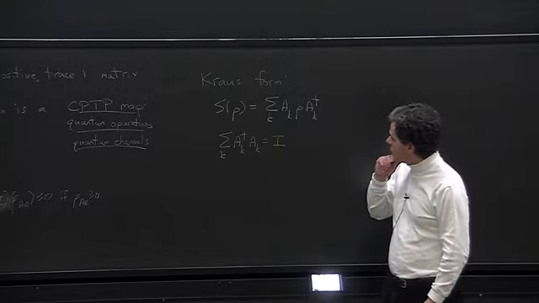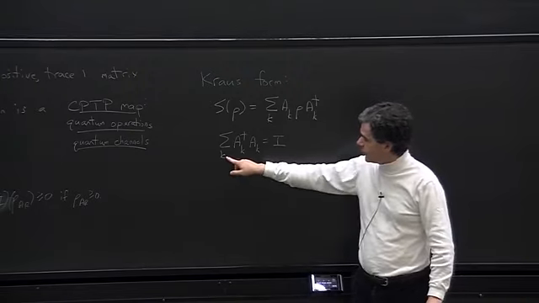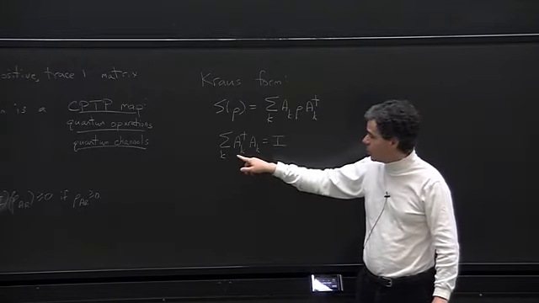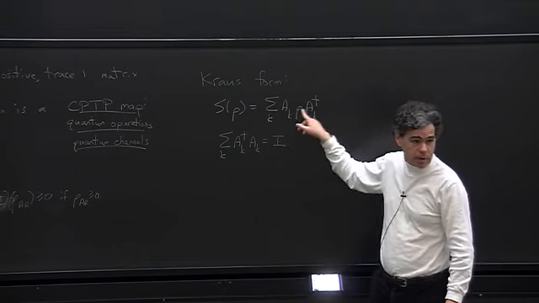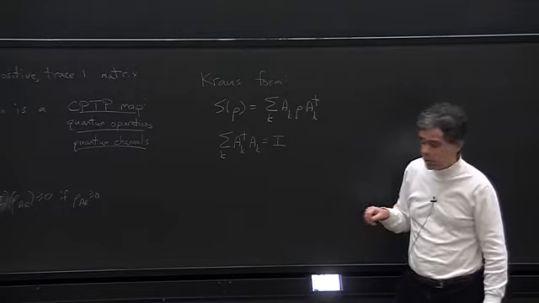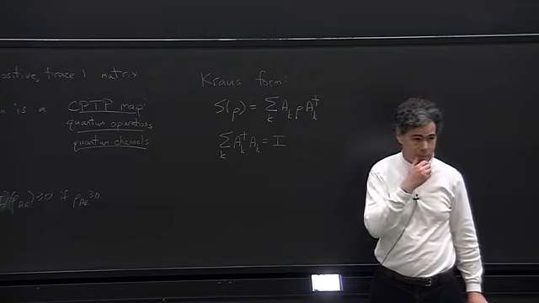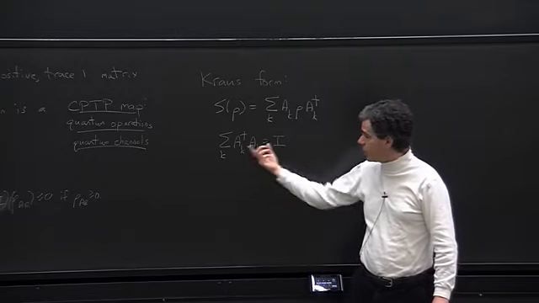And the completely positive part is that if the sum of A_k dagger A_k is less than or equal to the identity, that means the map is completely positive. And when it's equal to the identity, that also makes it trace preserving.